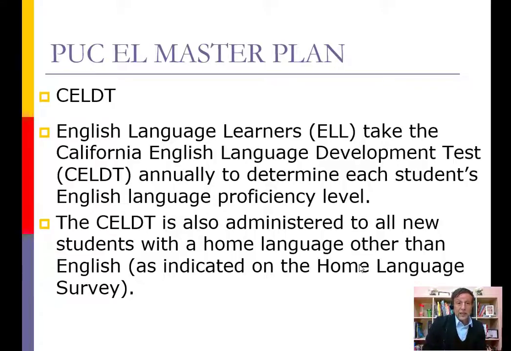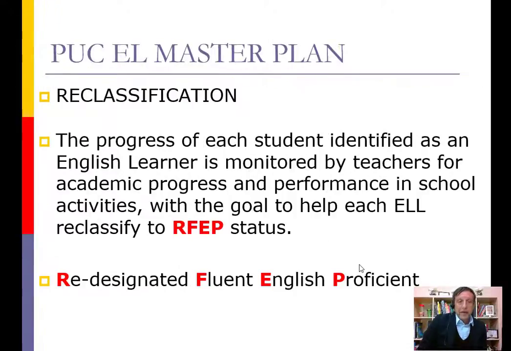The CELT, once you're designated as an English language learner or you're brand new to the country or brand new to school and you need to take a test to designate yourself at what type of proficiency you are, you will then take the CELT, and it is a multi-part test.